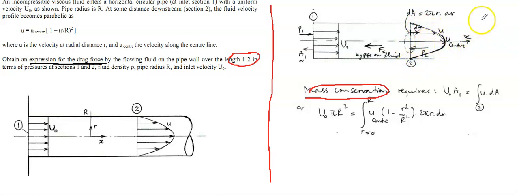Let's say we have the coordinates, so this is the x coordinate and this is the y coordinate. So this is the x direction. According to Newton's third law of motion, two different forces are acting here.